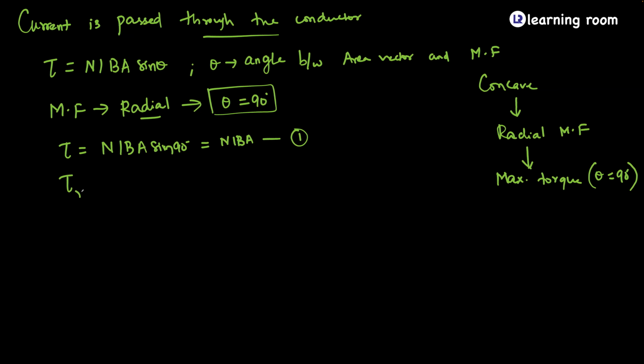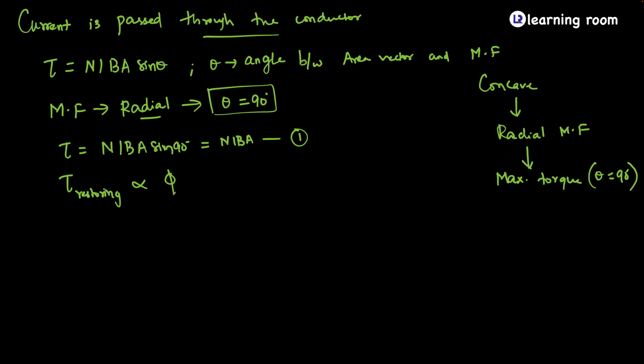So the restoring torque, can I say it will be directly proportional to the amount of deflection you produce in the coil? Right. So since I use theta here, let me use another symbol. I'll use phi.